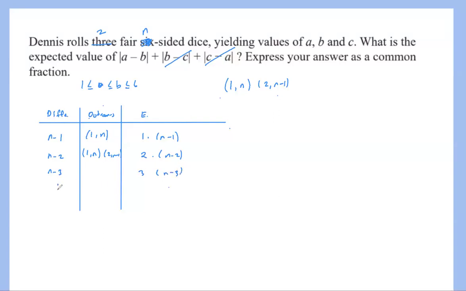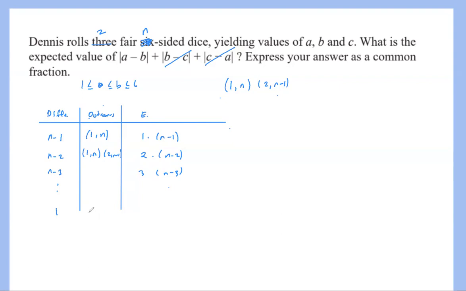For the last one, I cannot have the difference of n, because 1 and n are the 2 farthest away numbers. So the difference could be at least 1, right? A difference of 1 will have n minus 1 results, not n, because you can pair n minus 1 times.